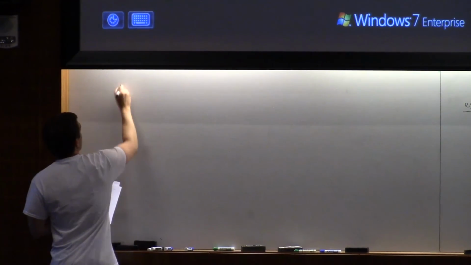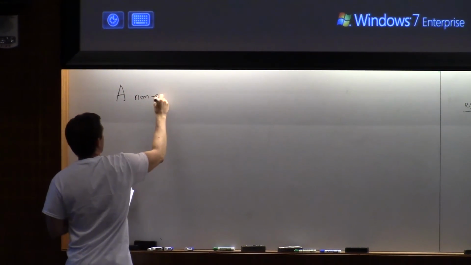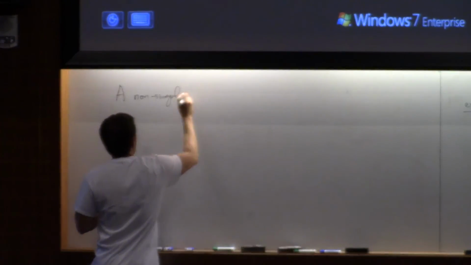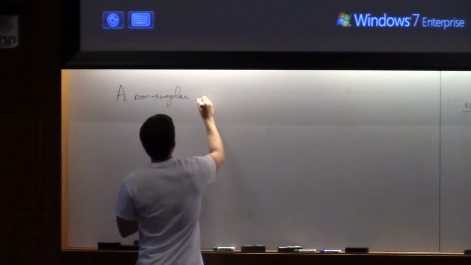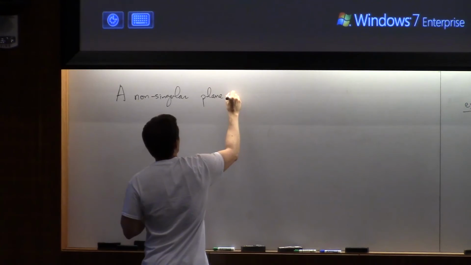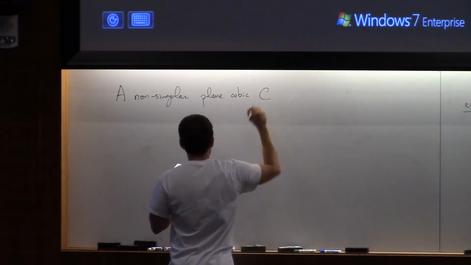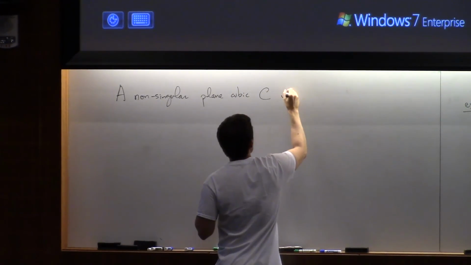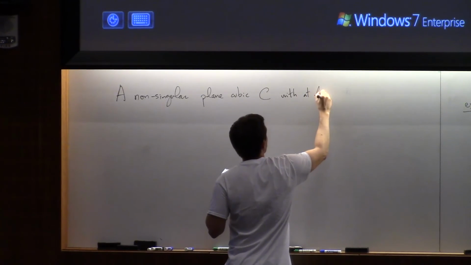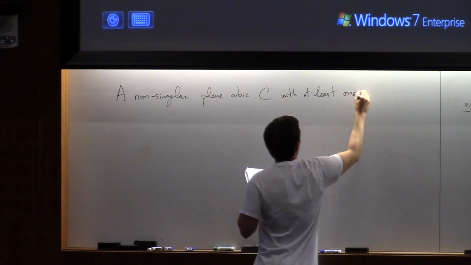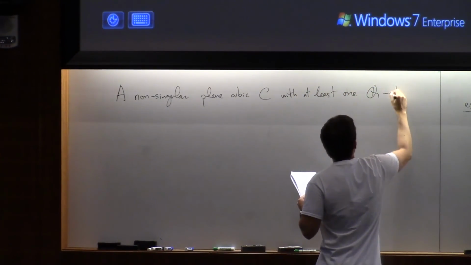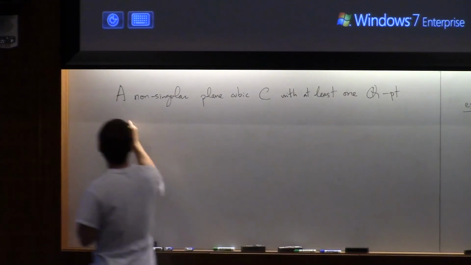So a non-singular plane cubic C with at least one Q point is called an elliptic curve.